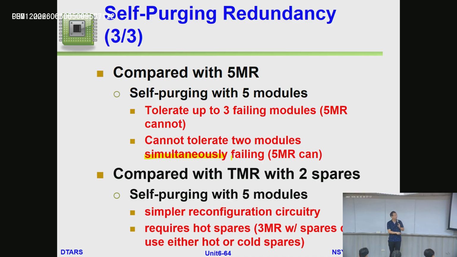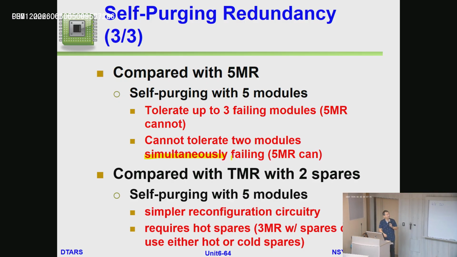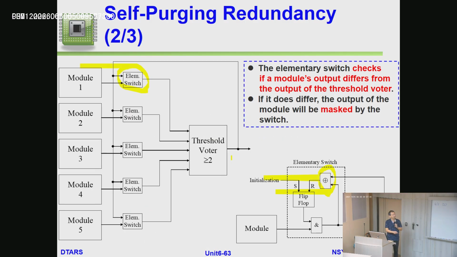So our reconfiguration circuitry will be more complex. Simpler means self-purging with 5 modules is easier to reconfigure. But of course for this one, we need some elementary switch, so the cost will be higher. Okay, so this is for self-purging redundancy.